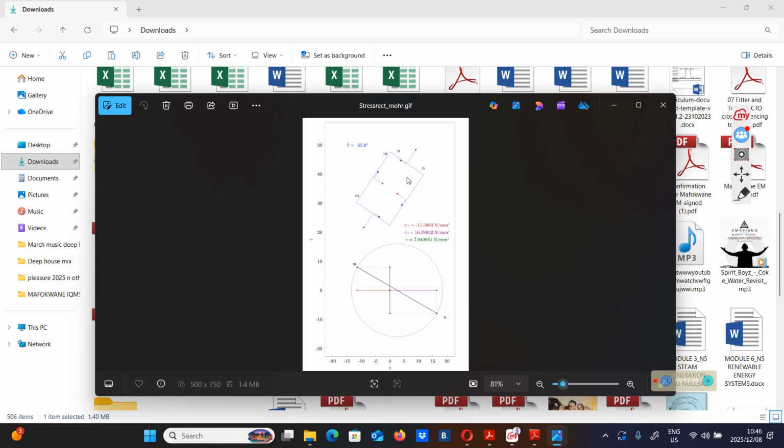So as you tilt this, as you change the plane, now in this chapter, we're going to see how to find the stresses at different planes. So as we rotate the element, the stresses will change as well. In other words, we are going to tilt this element by maybe 5 degrees or 10 degrees. Then from there you'll find the stress.